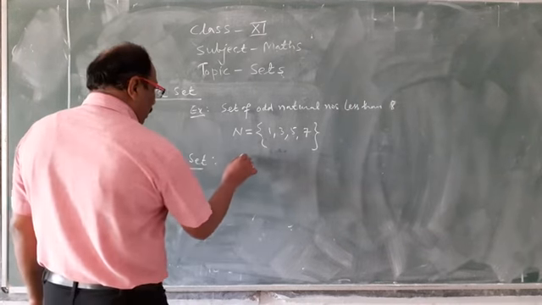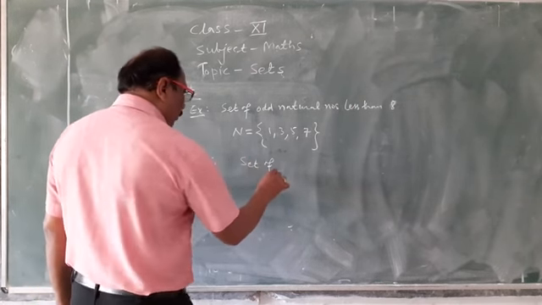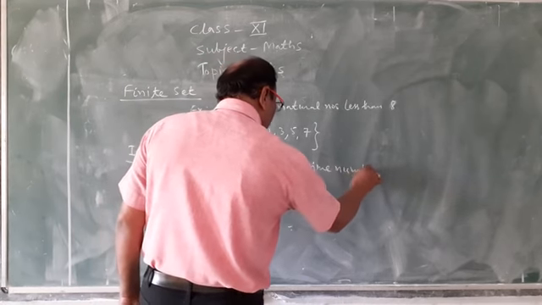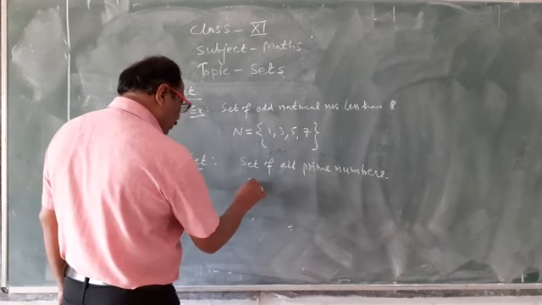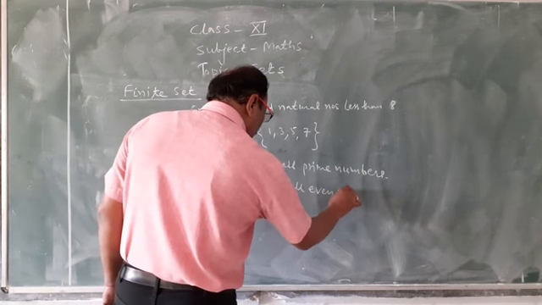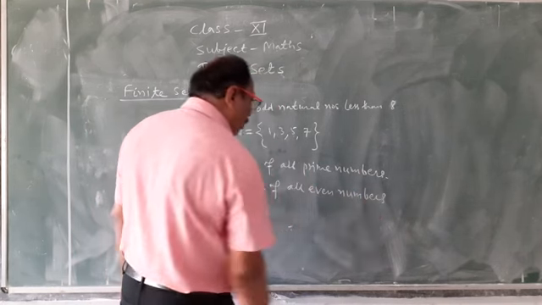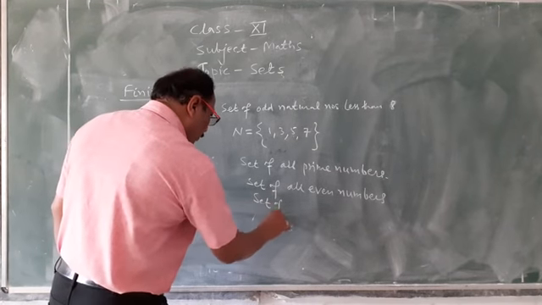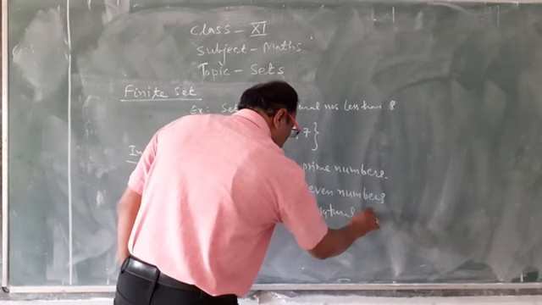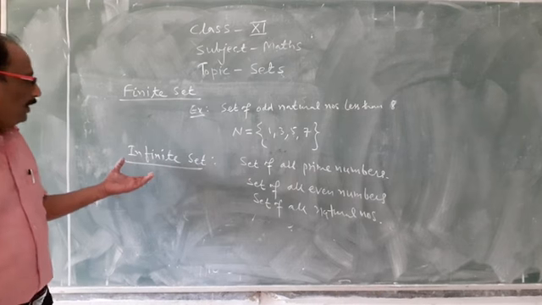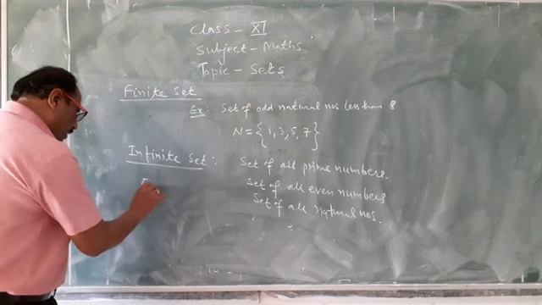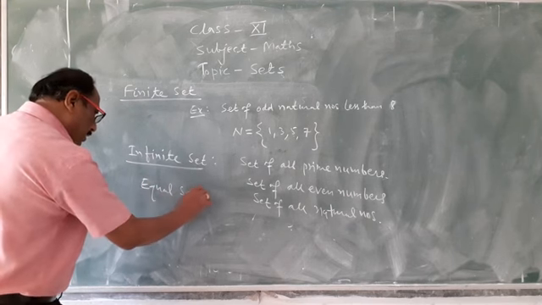Means set of all prime numbers, or set of all even numbers, or set of all natural numbers. These all sets are infinite sets. Then the next term is equal set.